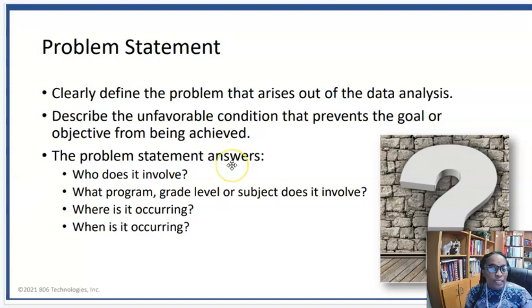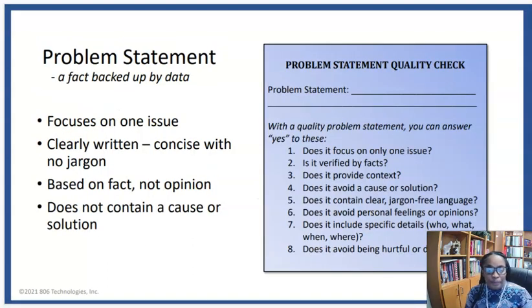The problem statement answers who does it involve, what program, grade level, or subject does it involve, where is it occurring, and when is it occurring. So when we look at the problem statement after we've analyzed our data, we're looking into those key major factors. Our problem statement is a fact backed up by data.